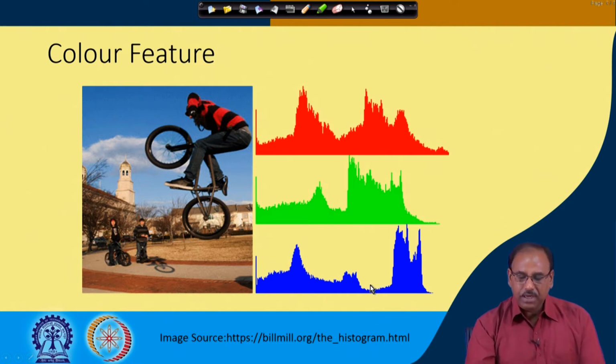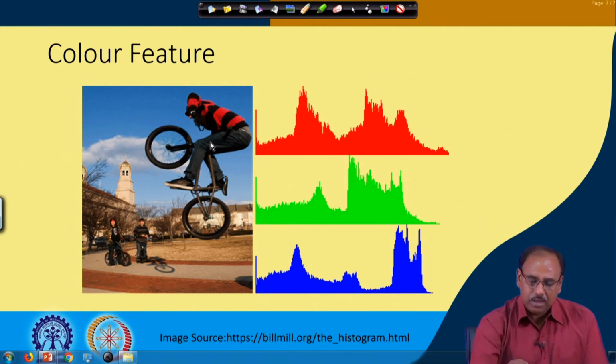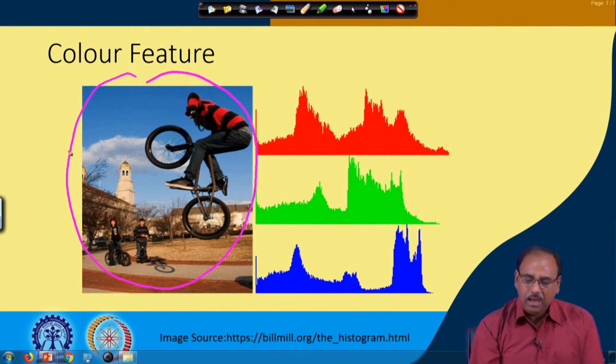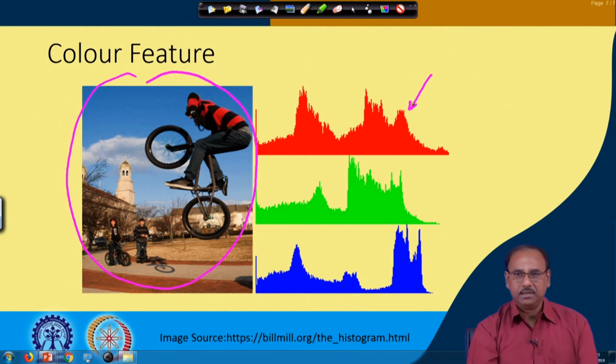Similarly, if I have a color image, as we said earlier, for color images we have three different planes. One is the red plane, the other is the green plane, and the third is the blue plane. In this particular color image, if I take the histogram of the red plane, the histogram shape is something like this.